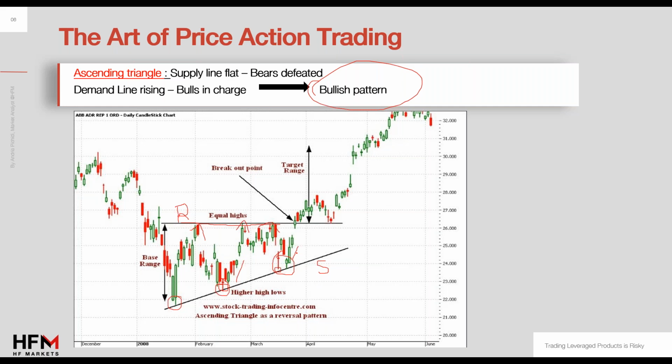I don't know what time you lost me, but okay, as I was saying, interpreting price action is very subjective. So it's very common for two traders who are seeing this chart and this ascending triangle to arrive at a different conclusion.